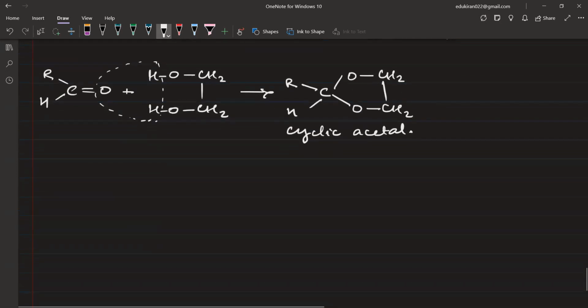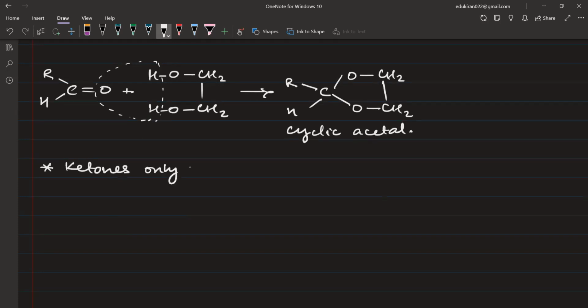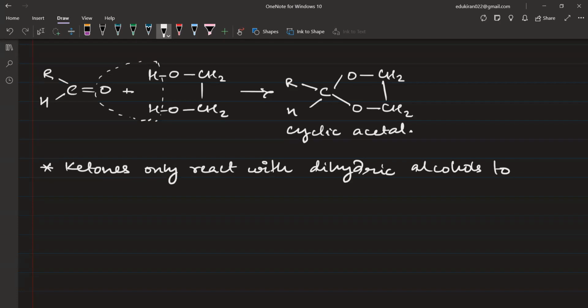Now, ketones, they only react with dihydric alcohols to form ketals.